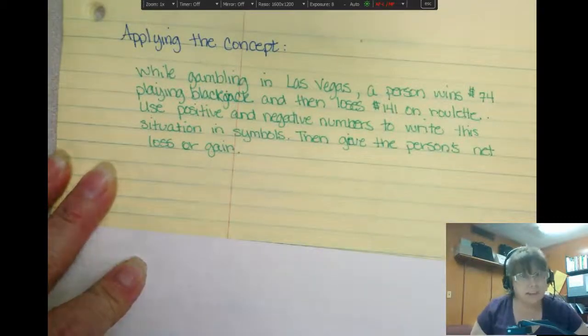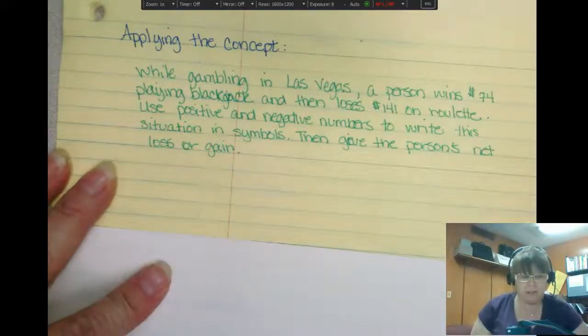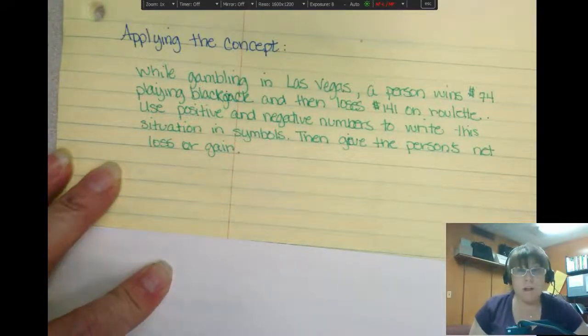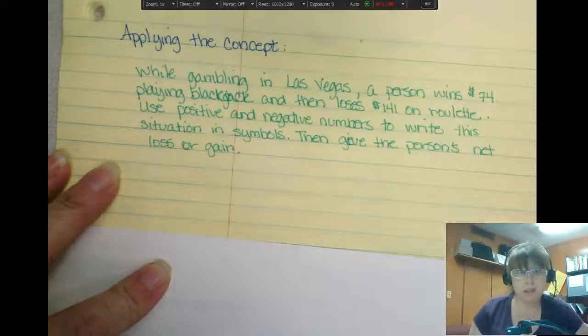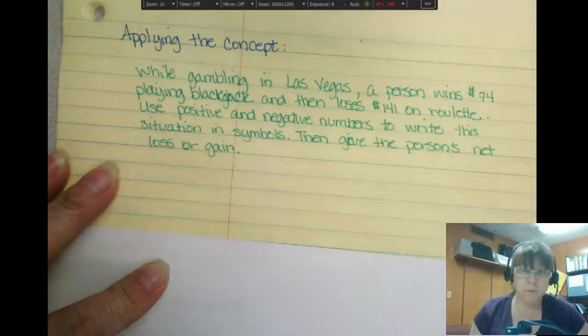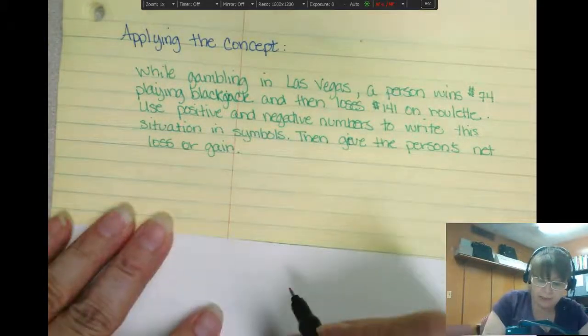Okay, so let's apply the concepts that we learned about positive and negative numbers. So here's a problem. While gambling in Las Vegas, a person wins $74 playing blackjack and then loses $141 on roulette. Let's use positive and negative numbers to write the situation in symbols, meaning let's write it out in math.